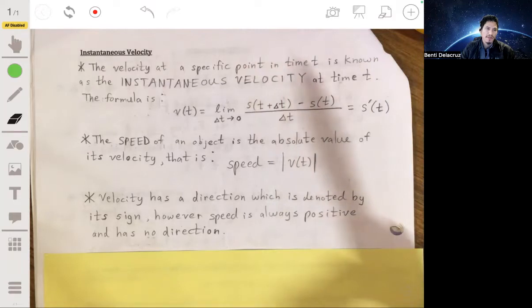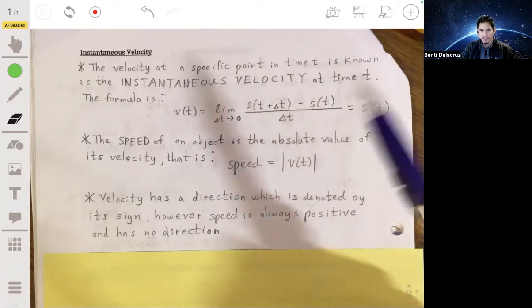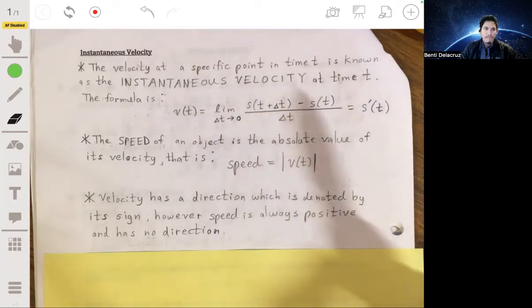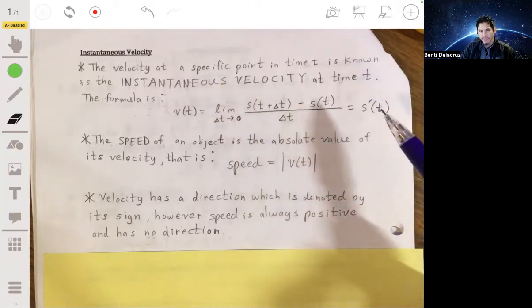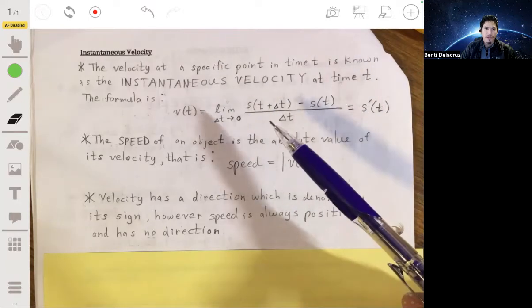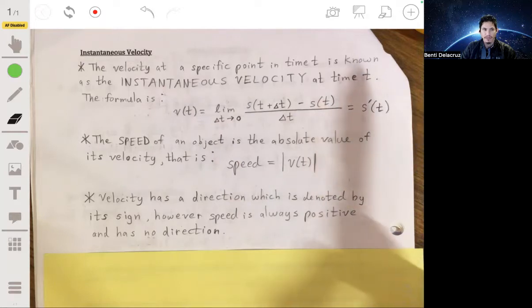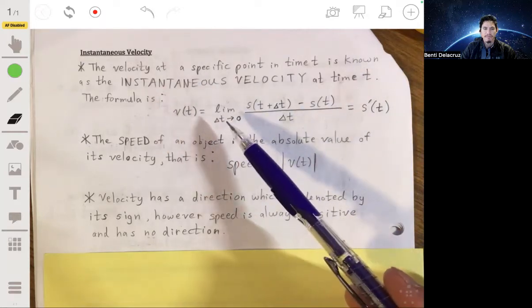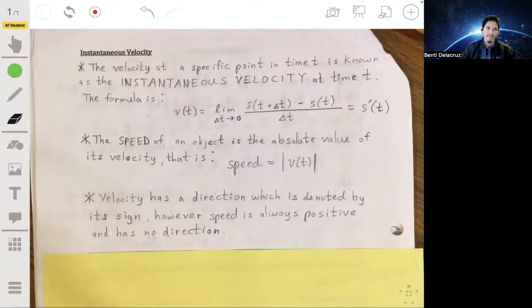So basically, we can get an idea of how fast an object is moving. Now, the instantaneous velocity function is the derivative of the position function, because again, velocity describes how your position is changing. So commonly it's written as v of t, and position is commonly written as s of t. So s prime of t is going to be v of t.